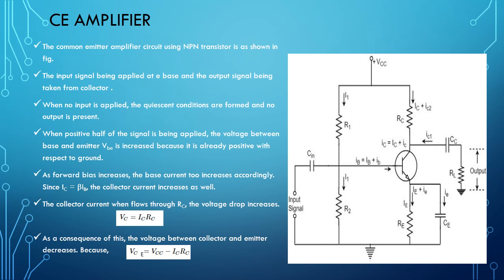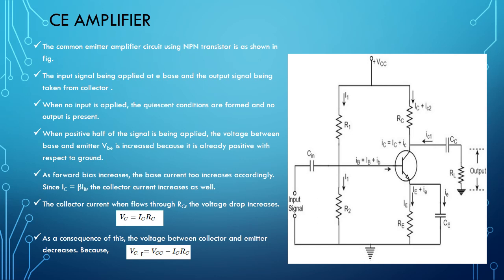When a positive half cycle of the input signal is applied, the voltage between base and emitter is increased because it is already positive with respect to the ground. As forward bias increases, the base current also increases. Then the collector current IC is increased. So the signal is amplified.